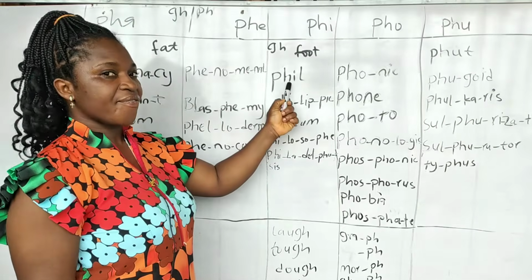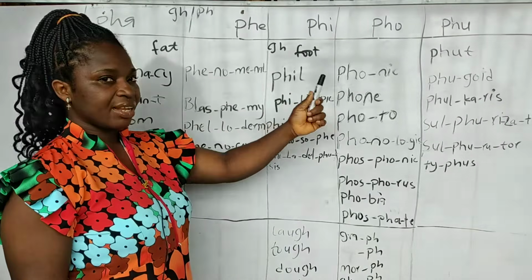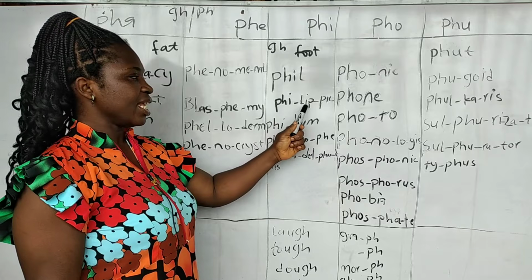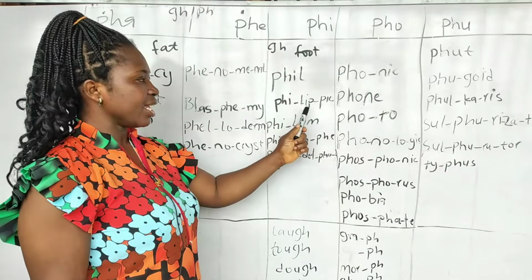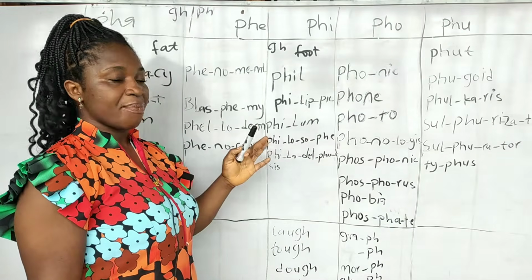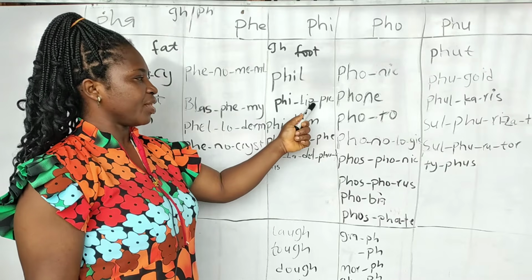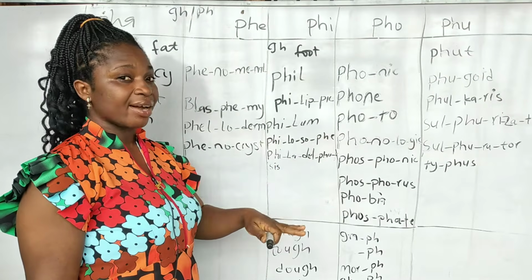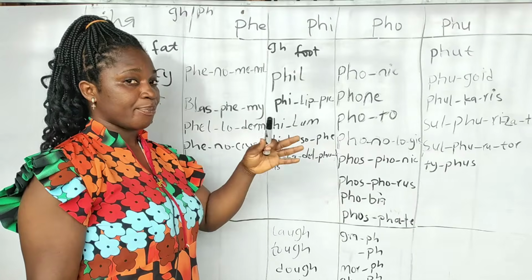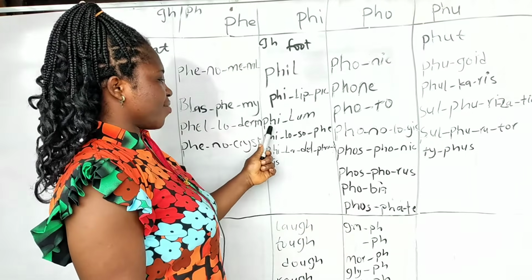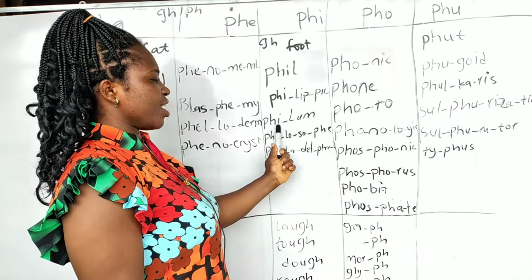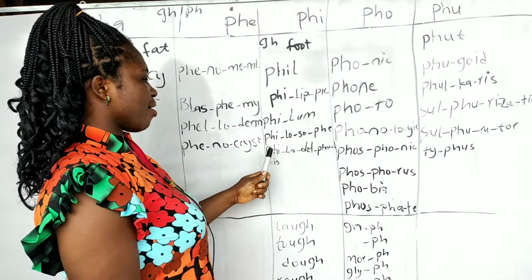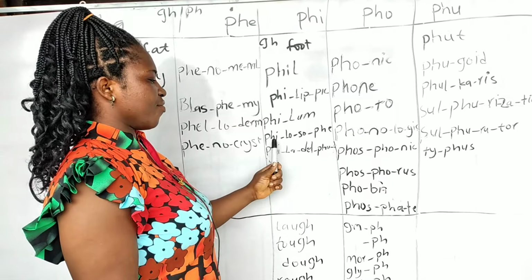We have feel. We have philippic. Now with the addition of this here, removing the IC, we have Philip, double P. We have philum. We have philosophy.